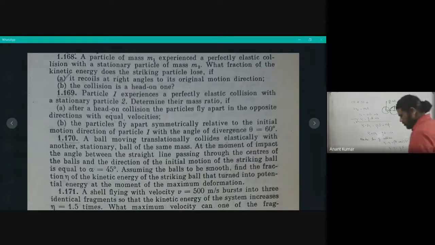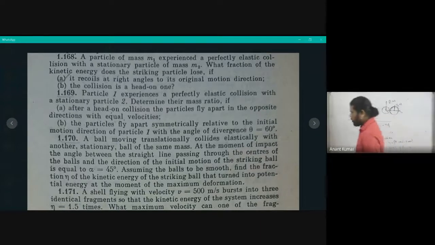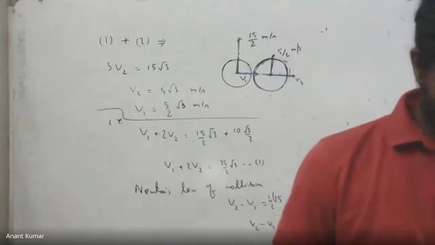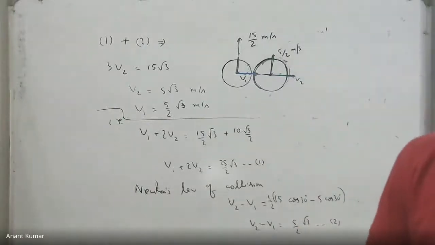Anyway, there are two parts of it. It says particle, but quite obviously the particle is not always a point particle. It may have some size. So it experiences a perfectly elastic collision with a stationary particle to determine their mass ratio.